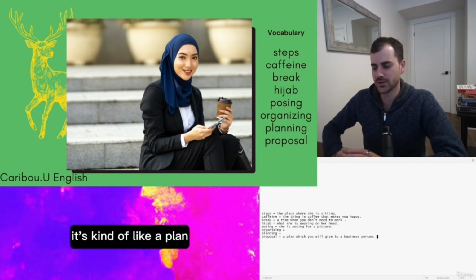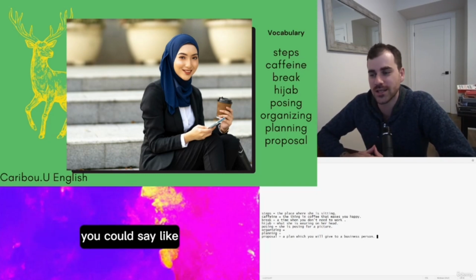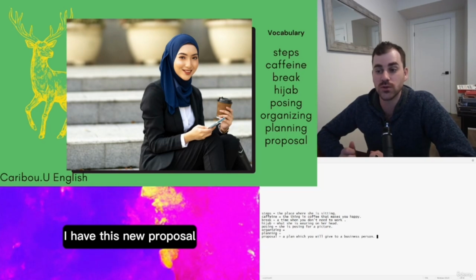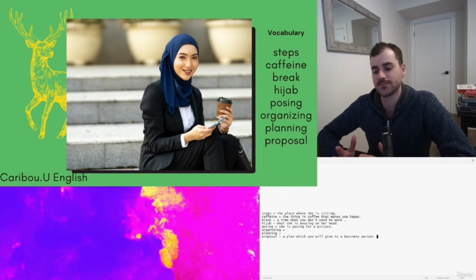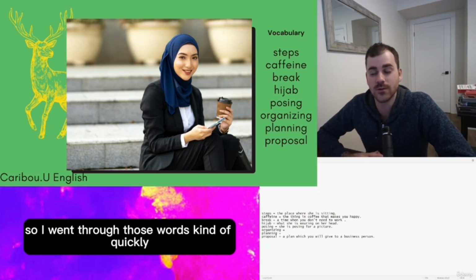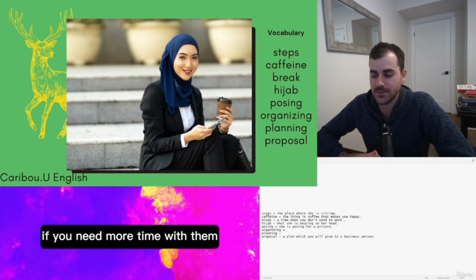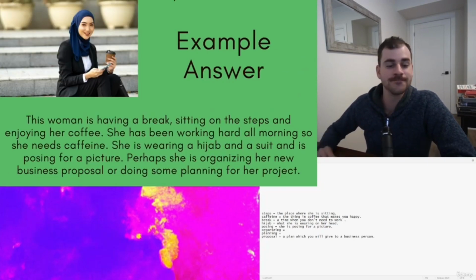So a proposal, it's kind of like a plan which you will give to a business person. You could say like, oh, I have this new proposal. Can you please take a look at it and tell me what you think? It's my proposal. So I went through those words kind of quickly. If you need more time with them, just look them up in your translator and try to make sentences, okay?